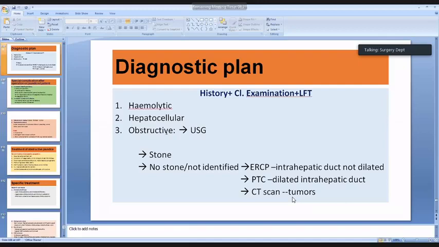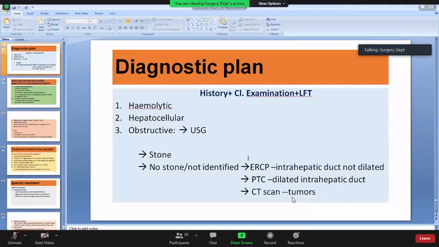Suppose from the history, clinical examination, and liver function test, we consider it is obstructive in nature. Then we have to do an ultrasonogram. The ultrasonogram can diagnose a stone, or there is no stone or the problem is not identified. In that case, first we have to do MRCP.